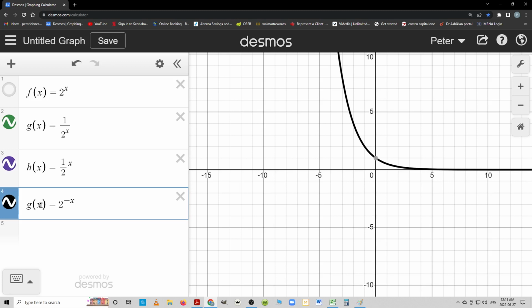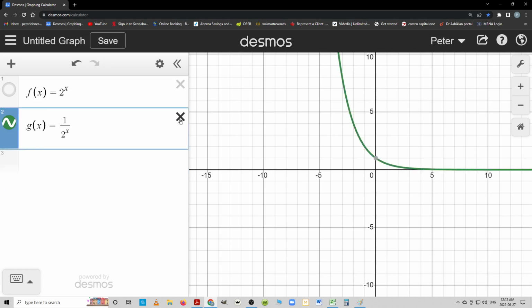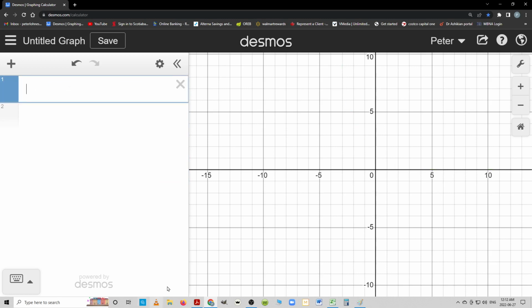I think it's because this as a transformation is the same as this. So it just happens to be the same curve because the transformations end up being the same. So this is a reflection in the y-axis, and this just is a standard decay curve. I don't know if I can accurately explain why they're all the same. I think their reflections just happen to match.